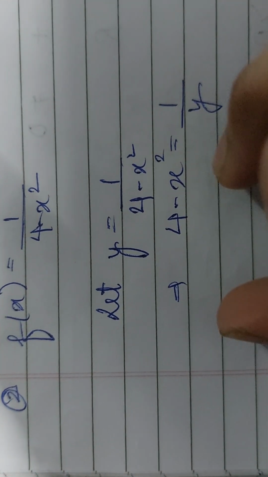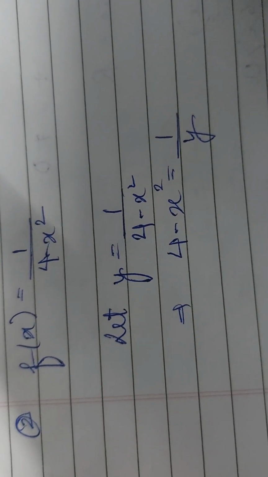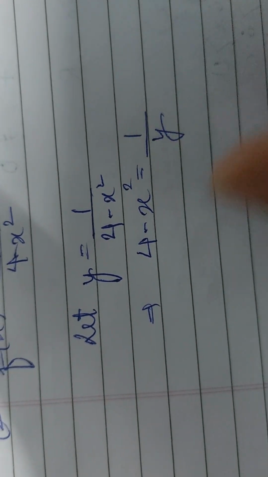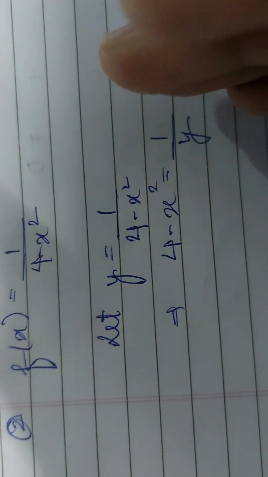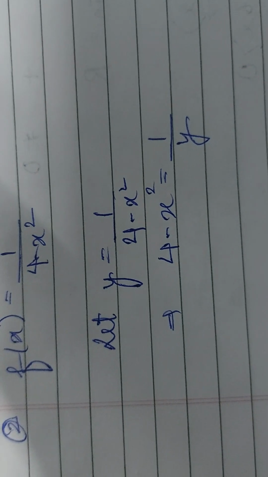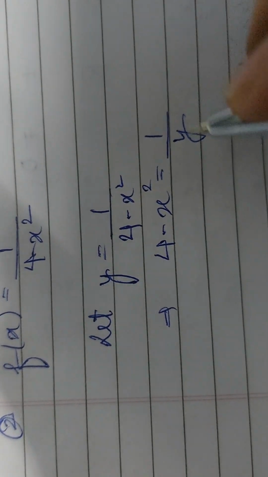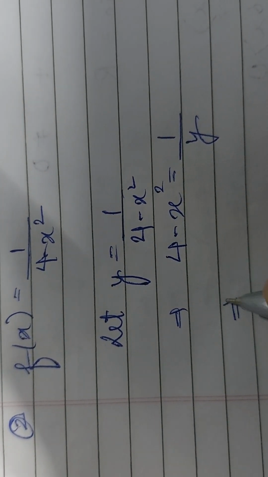We are rewriting this expression in terms of x square. Why, I will tell you later. We are trying to make one side just x square and shifting all the other values to the other side of the equals to sign.